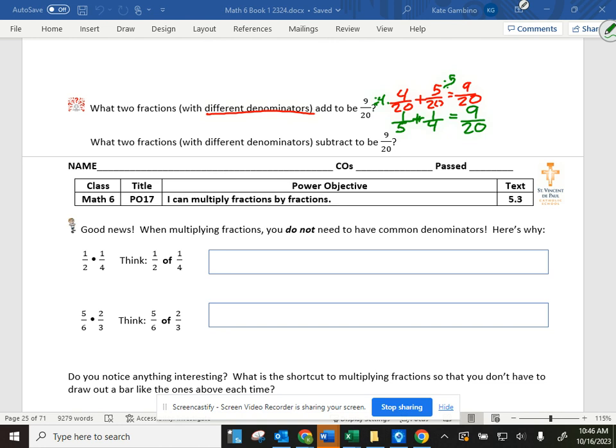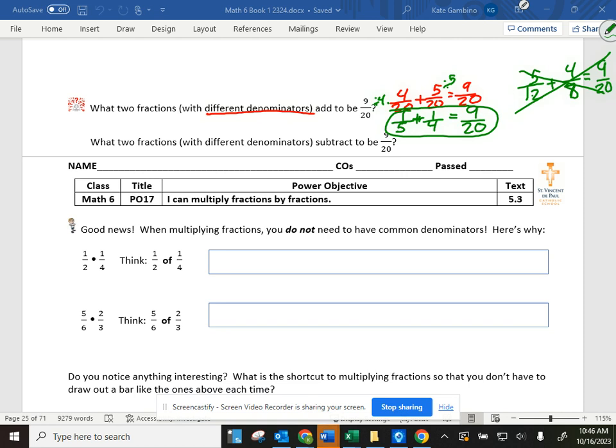I can't put 5/12 plus 4/8 equals 9/20ths. 5 plus 4 equals 9, but 12 plus 8, we can't do that. They have to be a common denominator. So we cannot do that. We have to be able to say 4/20ths plus 5/20ths equals 9/20ths. Here it is with different denominators. I simplified it.